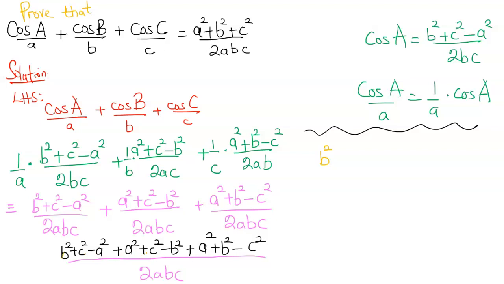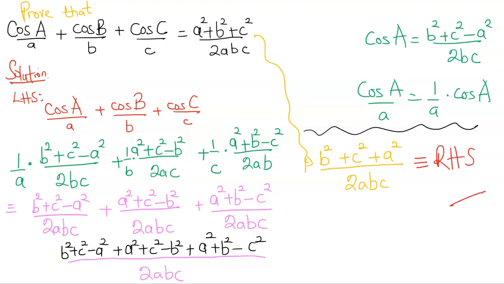Now, c squared plus c squared, that's 2c squared, minus c squared, that's just plus c squared. Now, minus a squared plus a squared, that's cancelled. We are left with a single a squared, so this is plus a squared over the denominator, 2abc. Now, this is what the left side reduces to, and comparing with the question, we can all see that this is exactly the same as the right side, and that completes the proof.